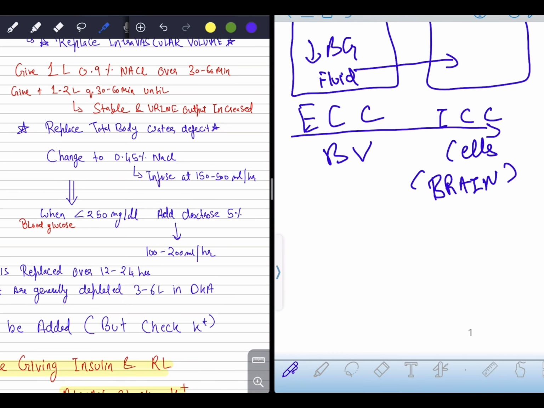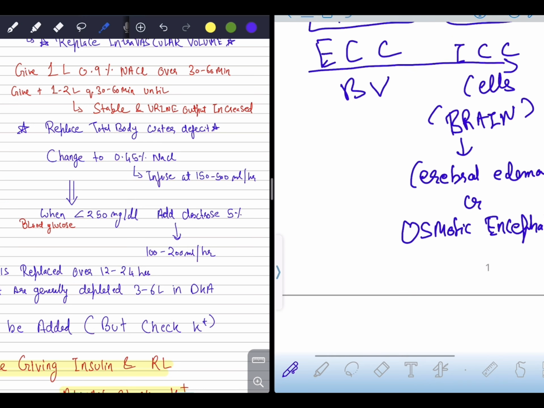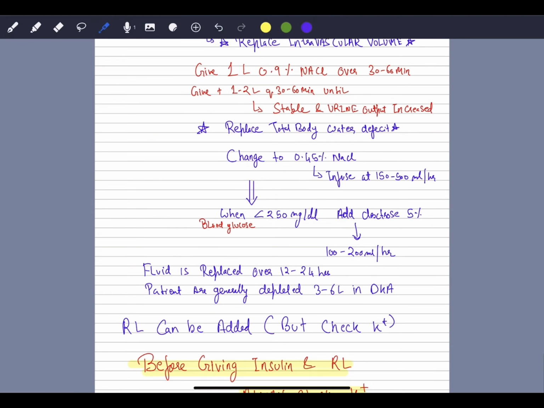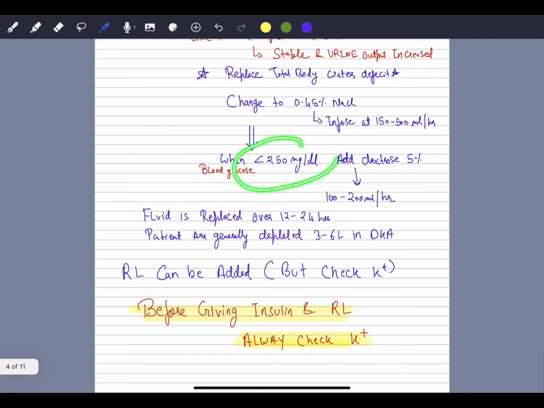Now, if this occurs in brain cells, it will cause cerebral edema or osmotic encephalopathy, right? So we have to give dextrose when blood sugar dips down to 250 mg per deciliter.